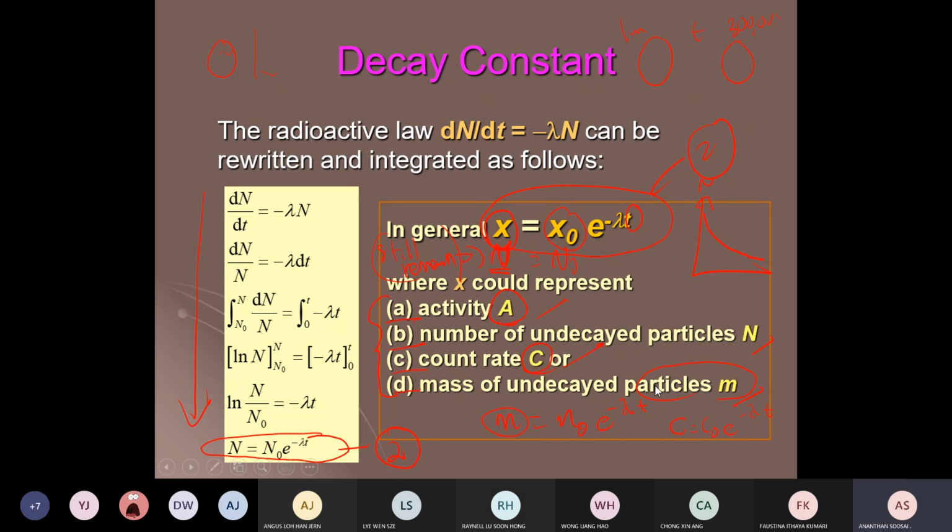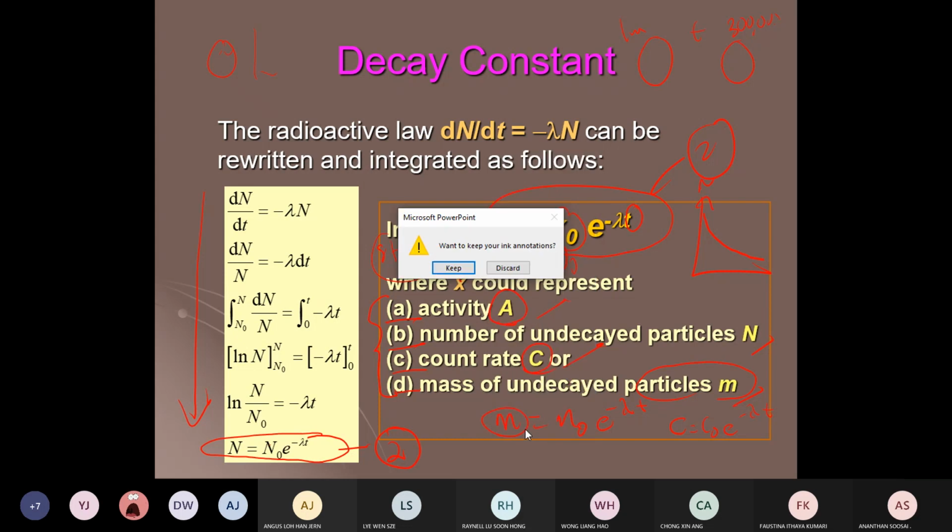Okay. Second formula. This is the most important formula. And when you use it, important: the lambda and t must use the same time unit.